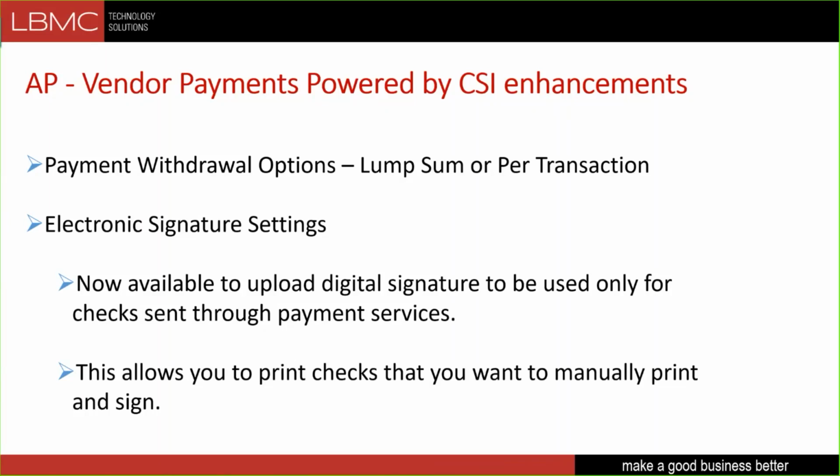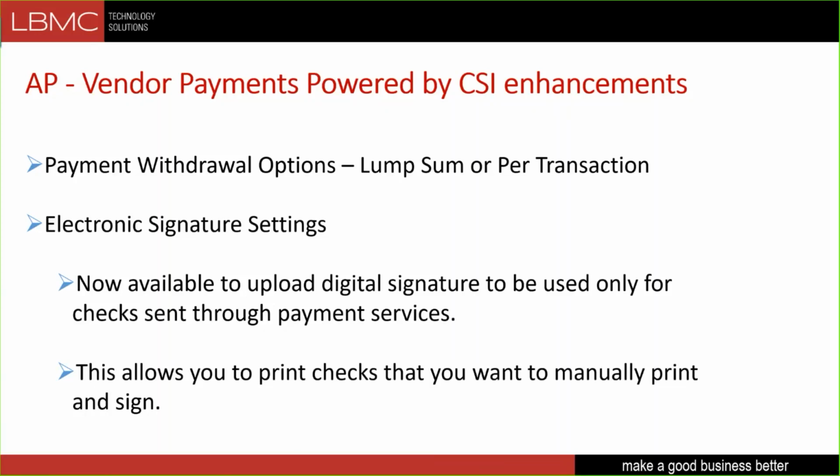The second enhancement that they made since the early adopter program relates to electronic signature settings. Now you have the option to indicate that your uploaded digital signature is only for payments sent through payment services.